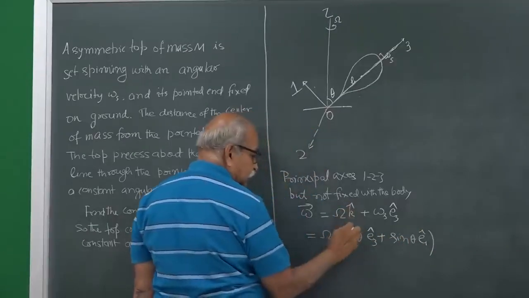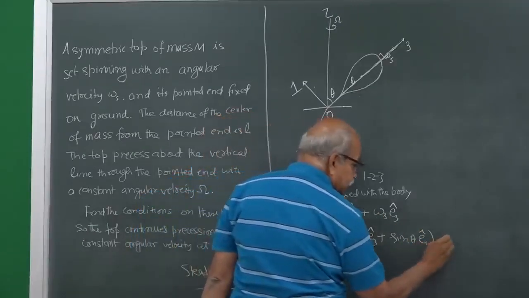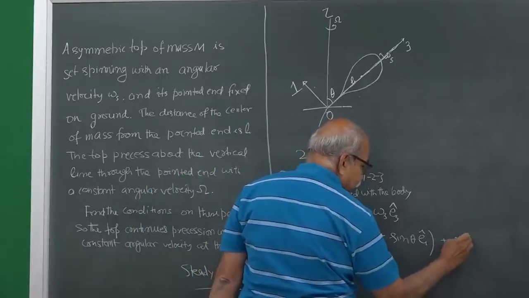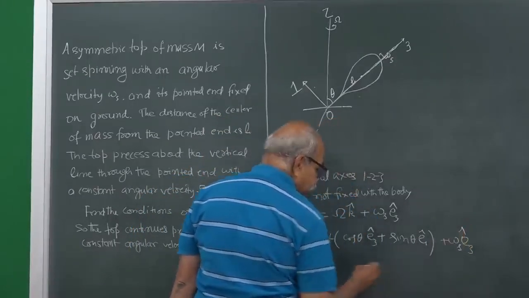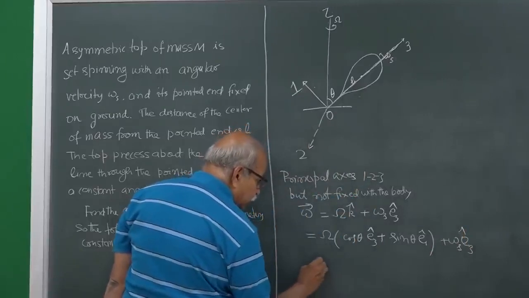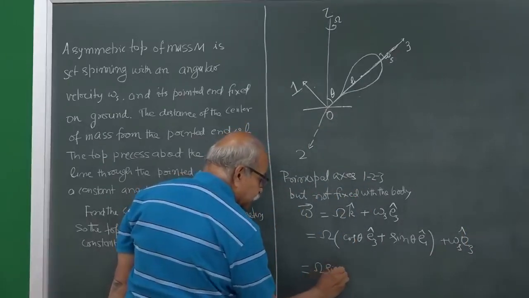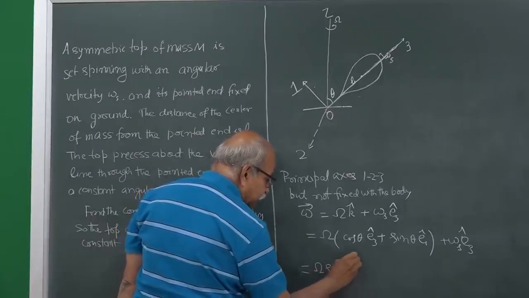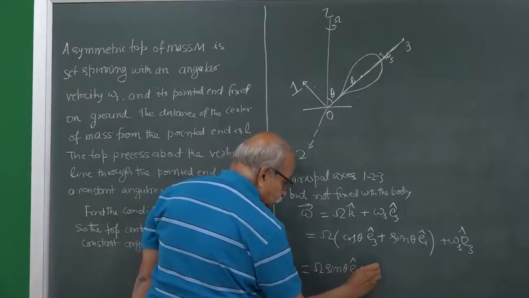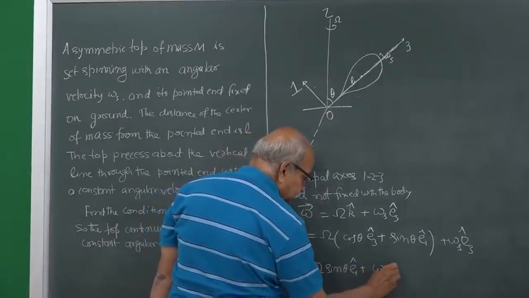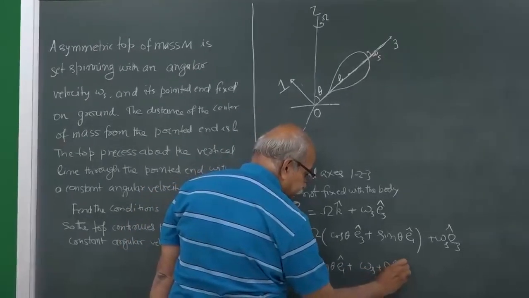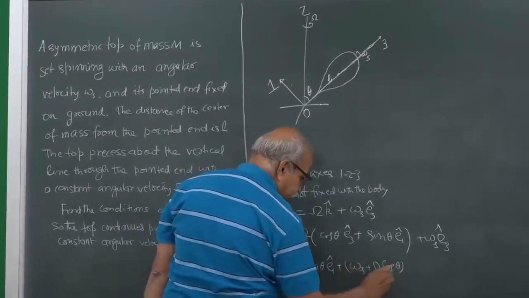So, you can write the angular velocity as omega sin theta E1 cap plus omega s plus omega cos theta E3 cap.